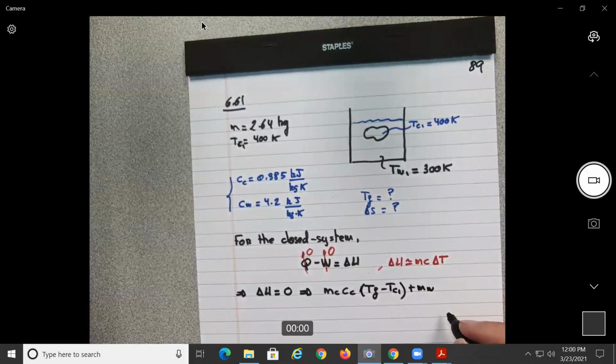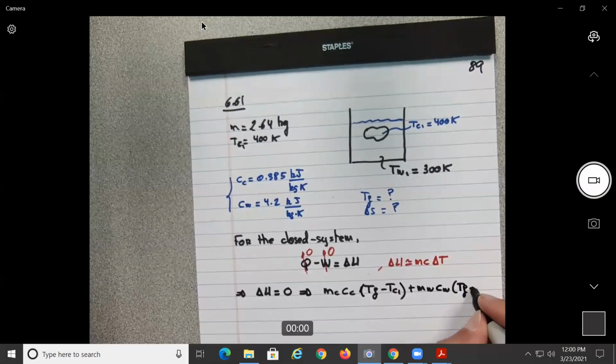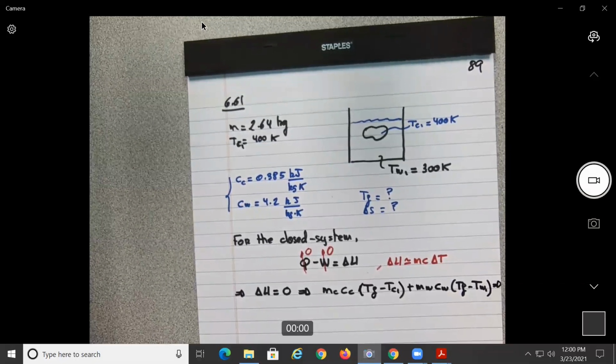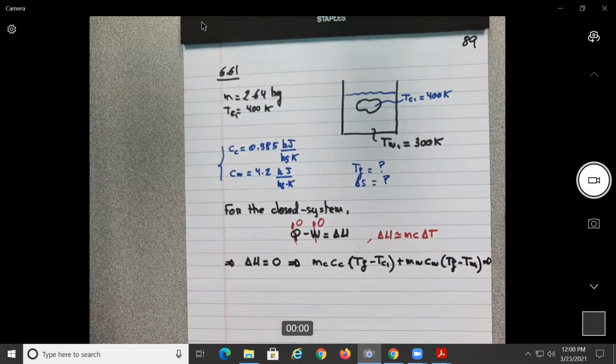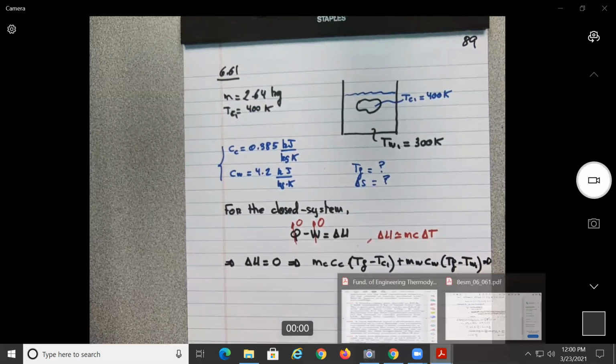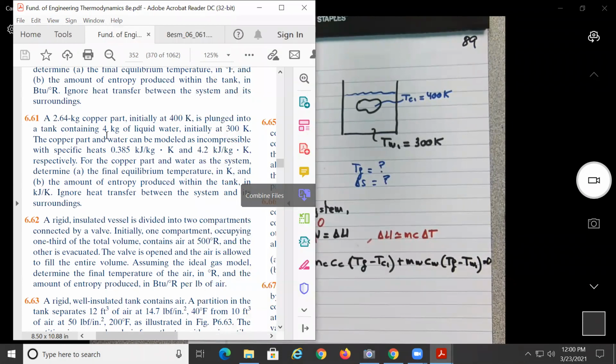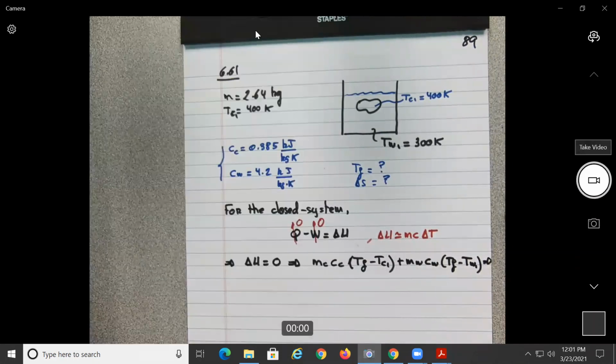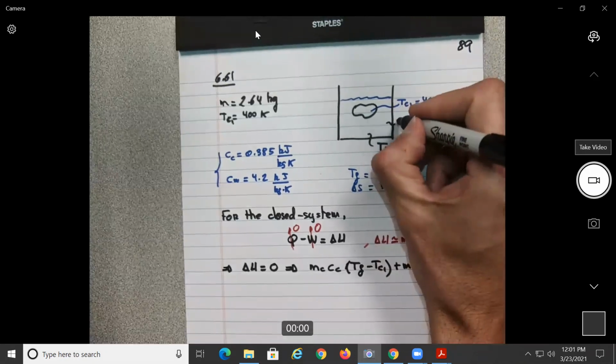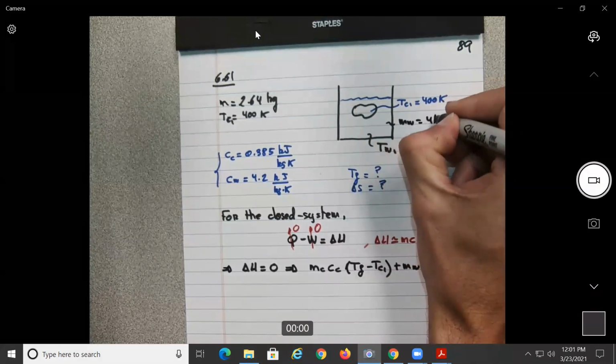They don't give us the amount of water? Okay. C sub water, T final minus T water initial, and this should be equal to 0. I probably forgot. I think the mass of the water was 4 kilograms. That's what I'm going to go back and look. Let's open this. Yes, you see, a tank containing 4 kilograms of water. All right, so you see I forgot that. All right, so we know M water here is 4 kilograms.